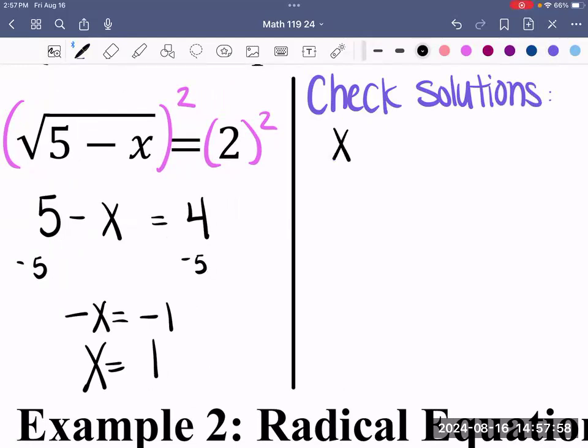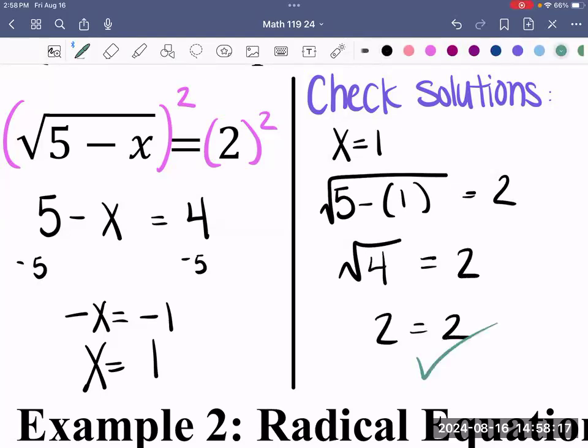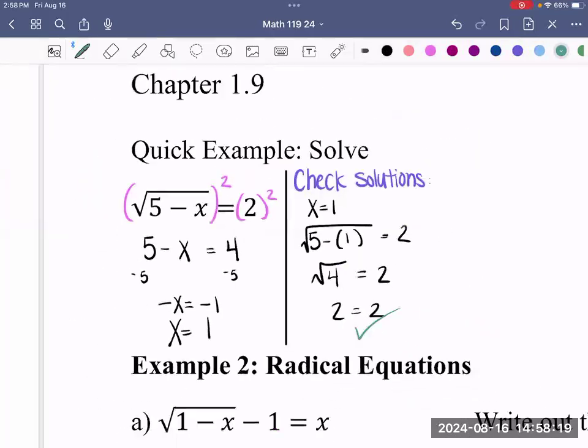If we know that x is equal to 1, we can just plug that back in on one side. So you have 5 minus the square root of 4, which is 2. So 2 is equal to 2, and that is a true, correct response. So it just means that this is your real solution.